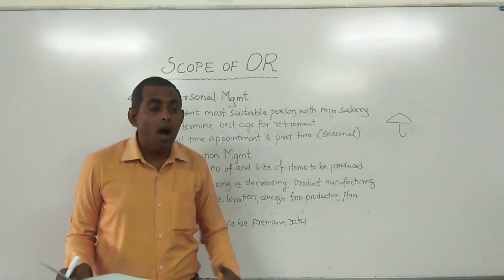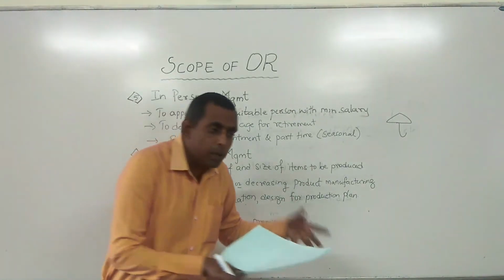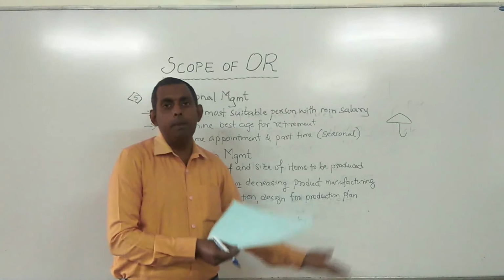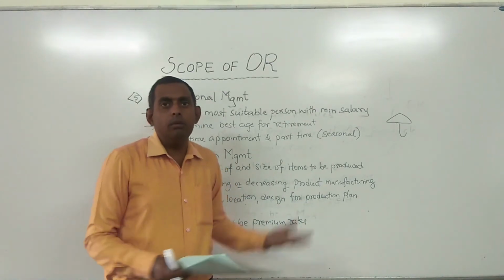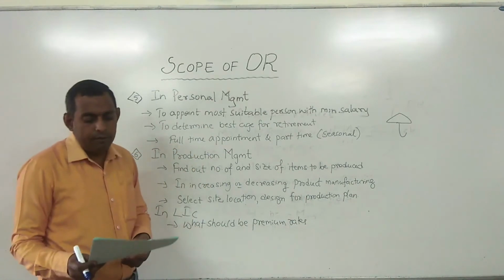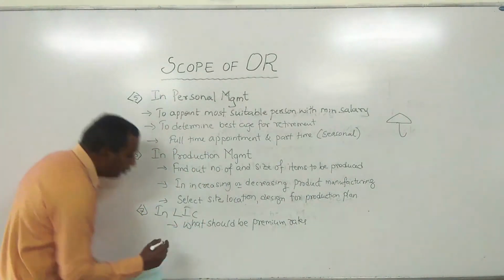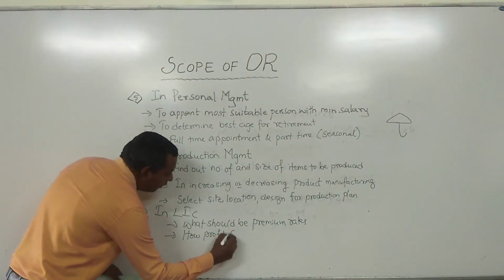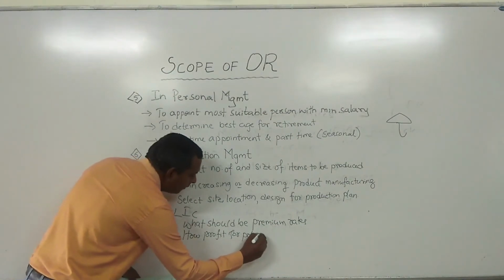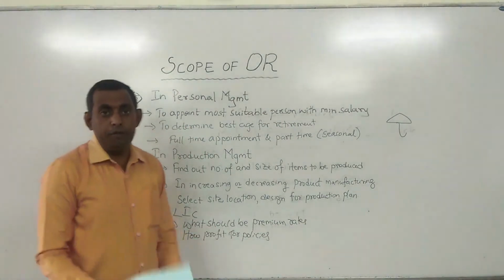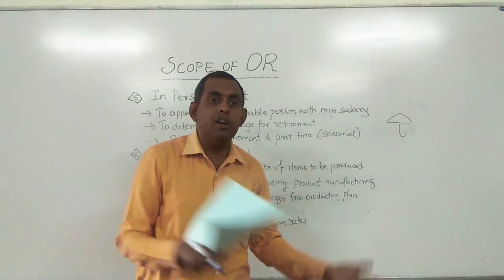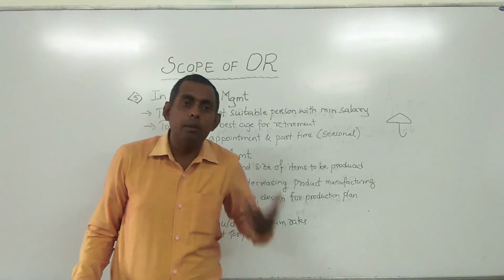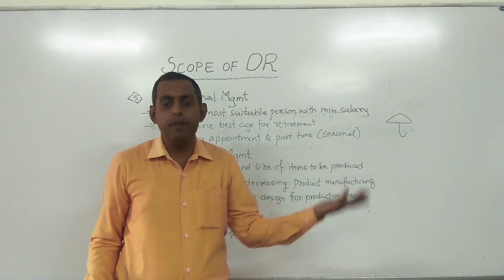So how are they supposed to design why the premium should be like this for the different policies? For the child policy, the premium rates are different. Depending upon the policies, the premium rates are different. How much profit should be distributed for policies? If it is a 15-year plan, the profit is different. If it is a 5-year plan, the profit is different. If it is a 30-year plan, the profit is different. Depending upon the plans, the profits are different.